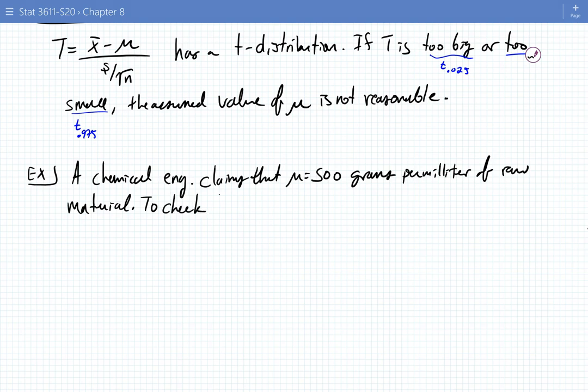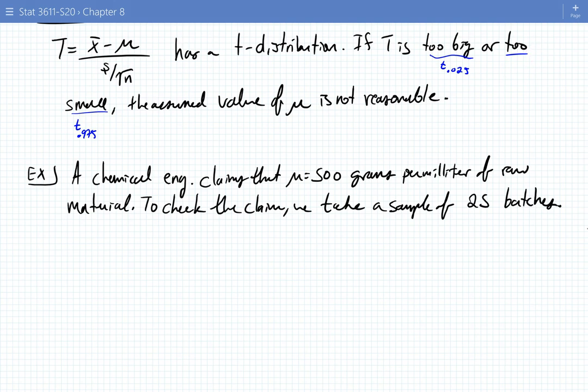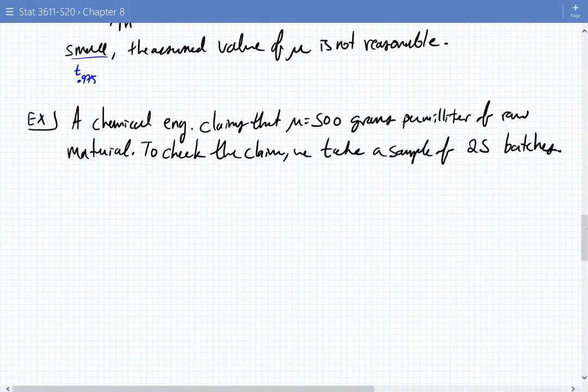And so to check the claim, we take a sample of, let's say, 25 batches. A sample of 25 batches, all right?